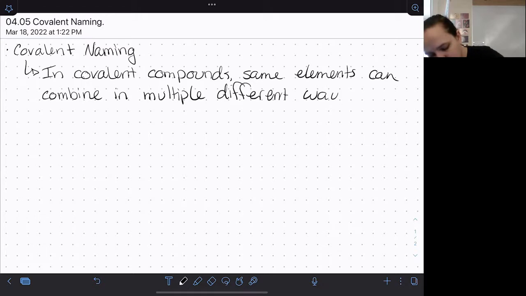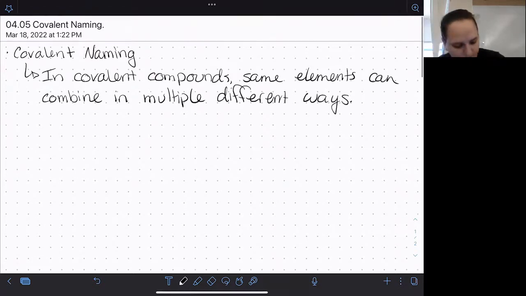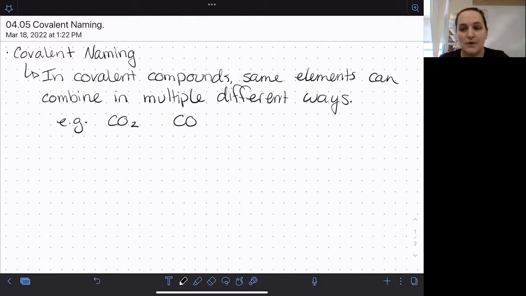So for example, some compounds that you might be familiar with are CO2 and CO, and you might even know the names of these. CO2 is carbon dioxide, and CO is carbon monoxide.